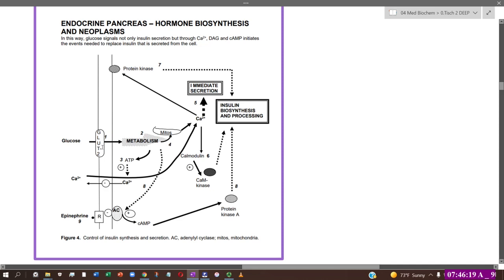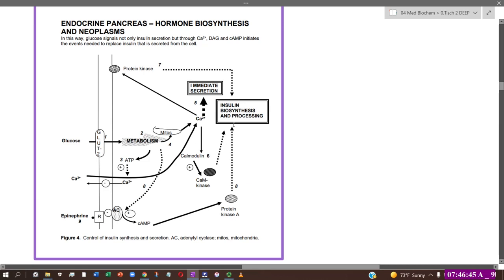And then glucose comes in, and maybe that's a transporter. I don't know. We have metabolism taking place, and then the products go to mitochondria. Mitochondria makes calcium, and then there's immediate secretion, protein kinase. Okay, so where does insulin come in?